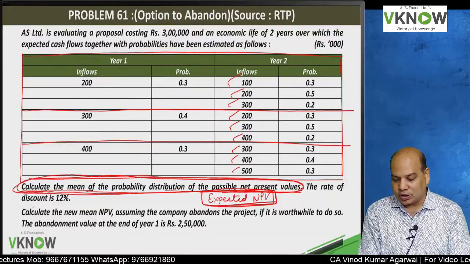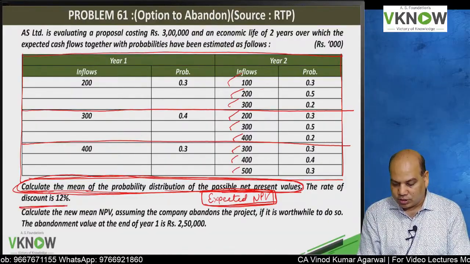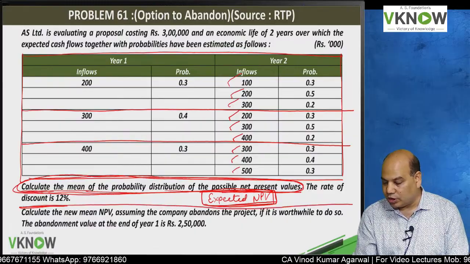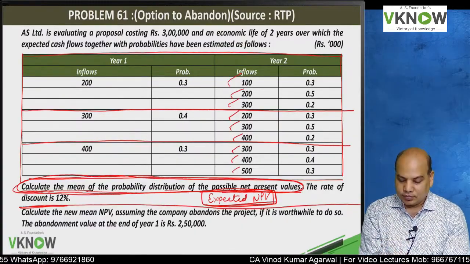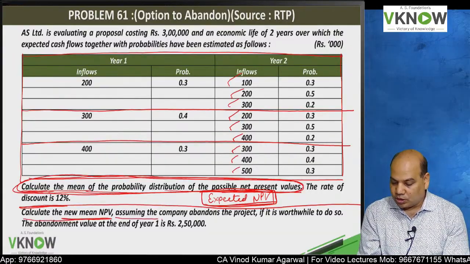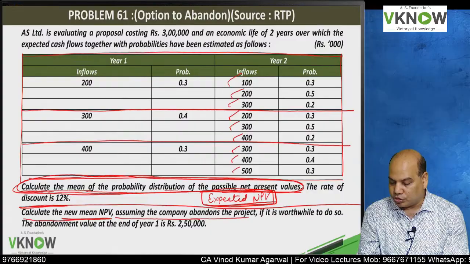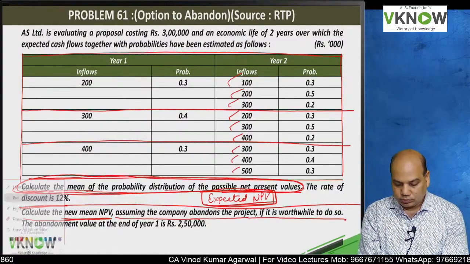The rate of discount is 12%. So that is 12% for discounting. This is one question which we have already done. Now they have added one more question in this. Calculate the new mean NPV assuming the company abandons the project if it is worthwhile to do so.